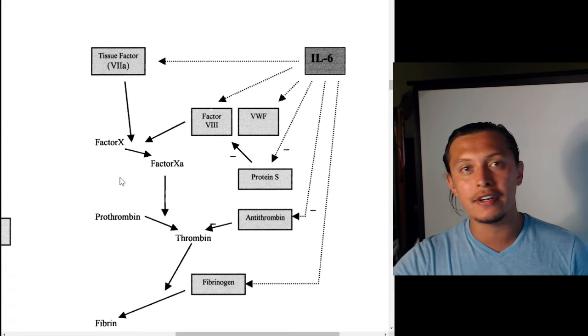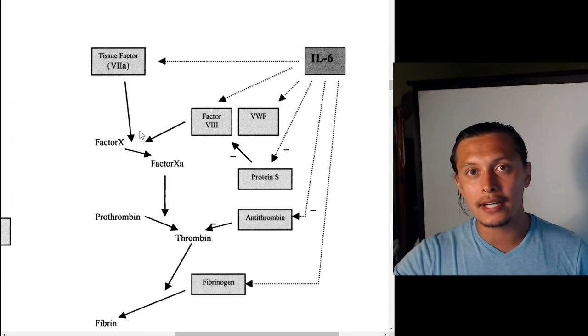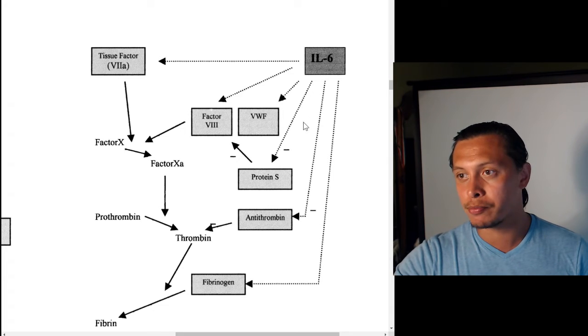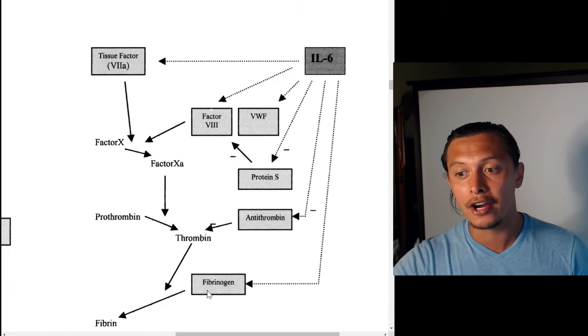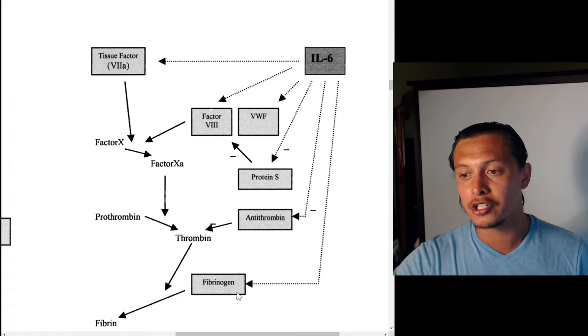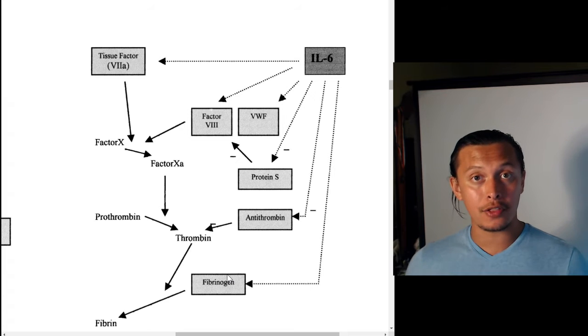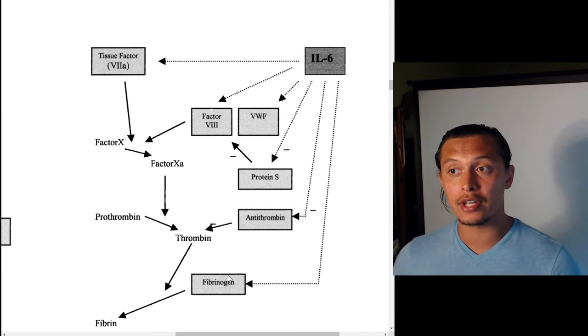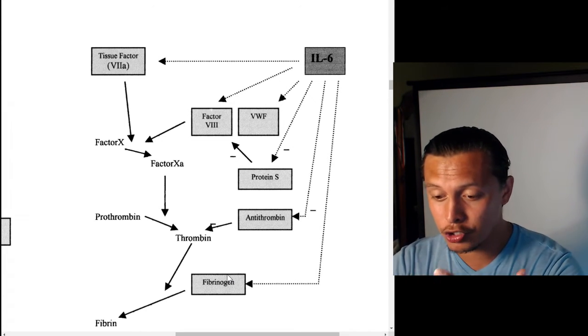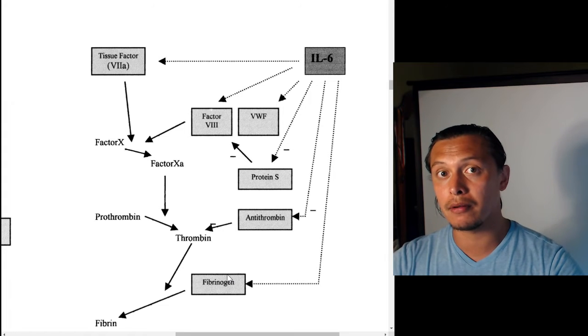All of this is not even necessary to create a bad clot when you are just producing more fibrinogen, and then you have iron that's coming in here and causing fibrinogen to create its own clot with or without thrombin. So that is another thing that iron can be doing to influence this prothrombotic state.